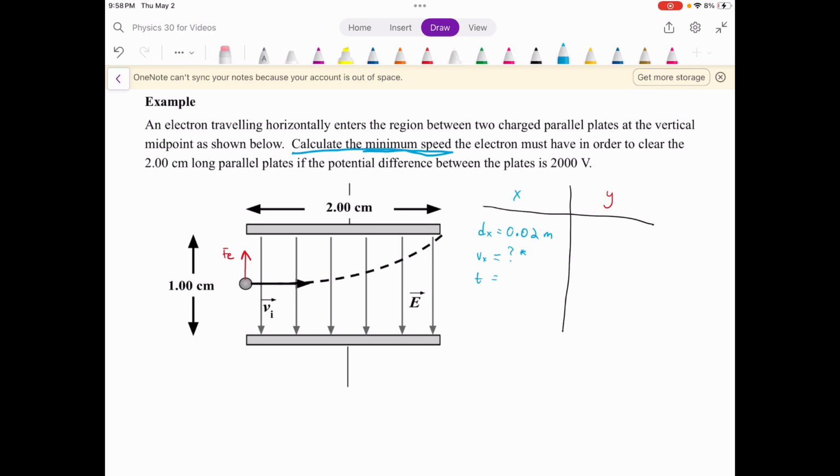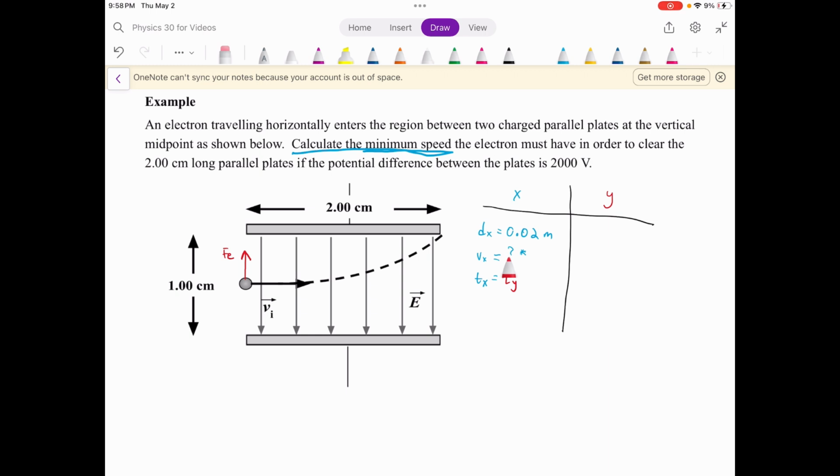So while we don't know what t is, what the time is in the x-axis, we know it's the same as the time we would calculate in the y-axis if we could calculate it in the y-axis, right? Now, notice in the x-axis, we don't know very much. All we know is how far it had to go, right? If I said, hey, I walked 20 meters, how fast was I going?